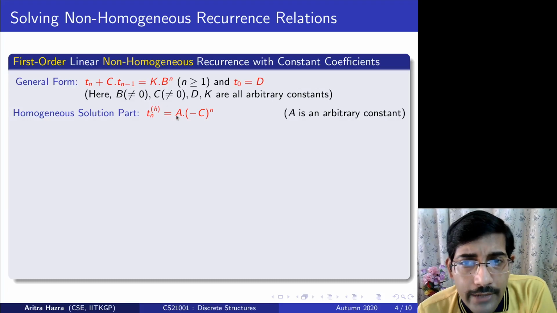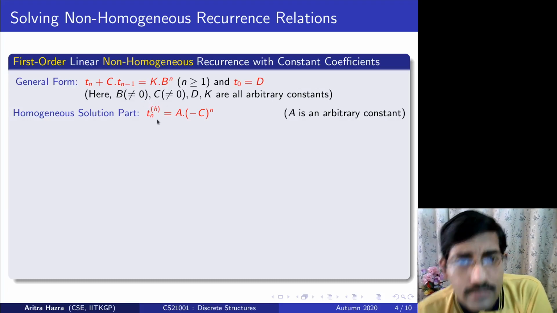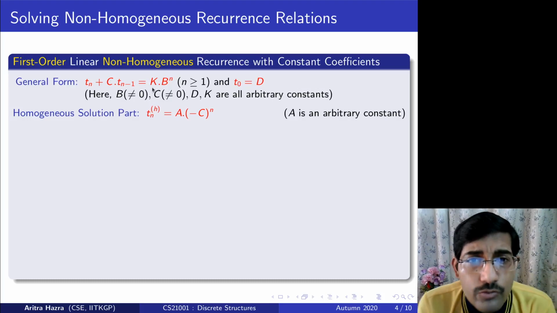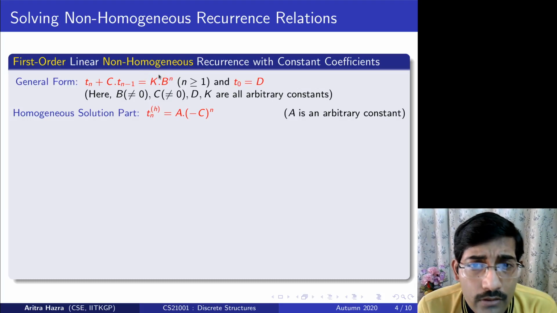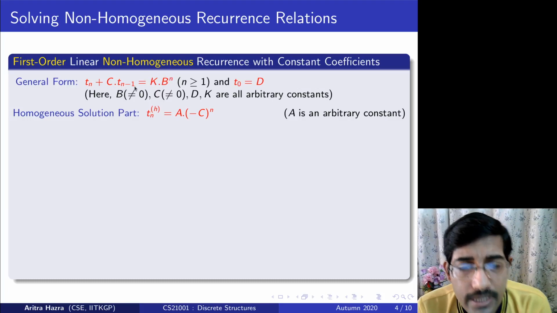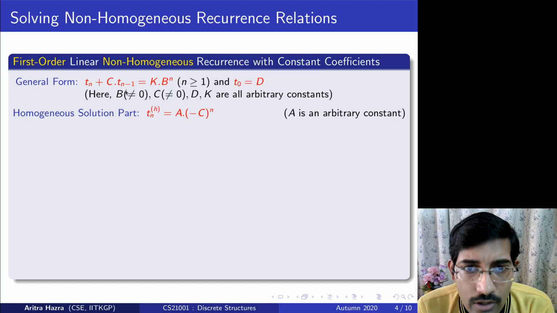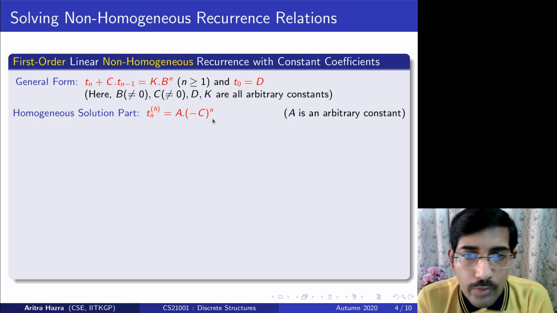We will try to solve it in two parts. One is the homogeneous solution part, which we will assume as if we do not have any function here, it is 0. So this is the homogeneous part, and you can easily see from Tn plus C Tn minus 1 equal to 0, as per our previous concepts, we can easily derive that it is a formula which is a constant into minus C to the power n.